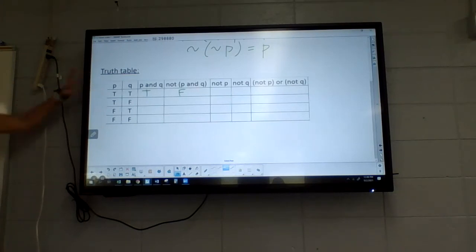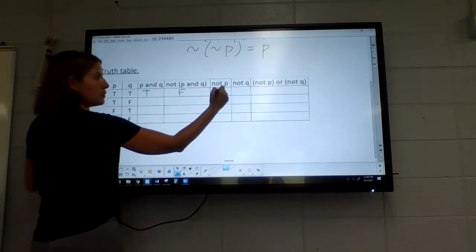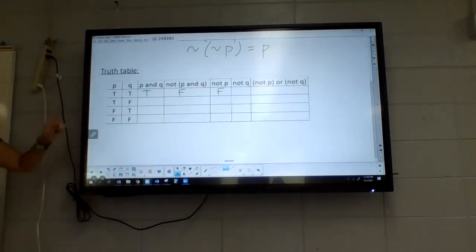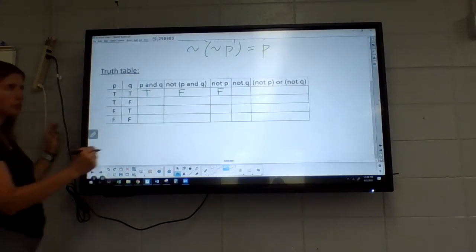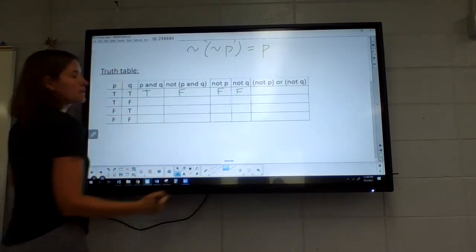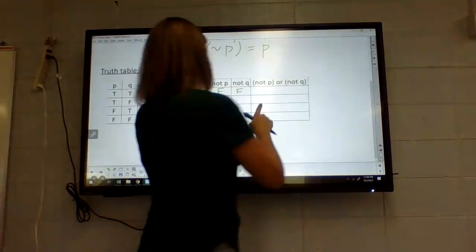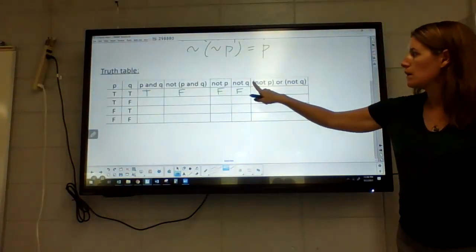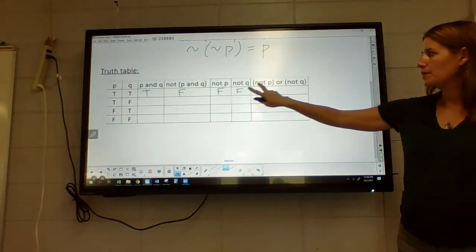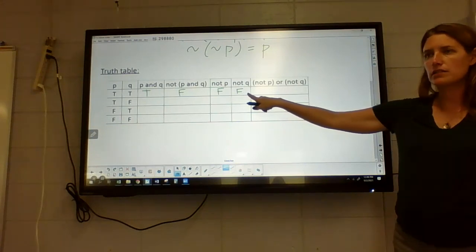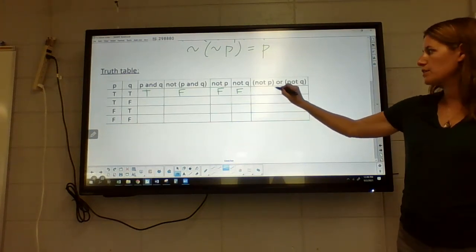Then it says not P, so the opposite of true. Not Q, the opposite of true. And now it wants me to combine these two together. So not P, not Q. So false or false is going to be false.